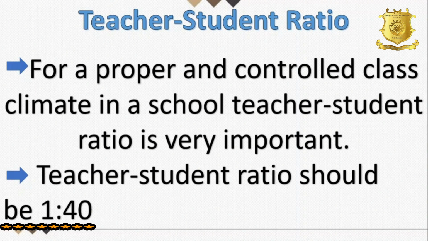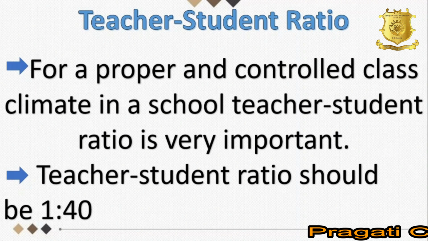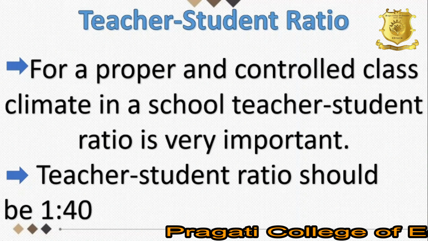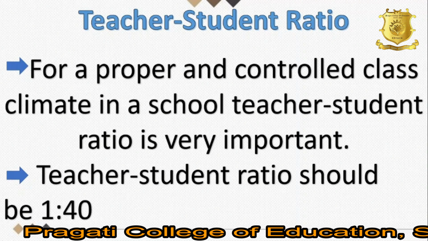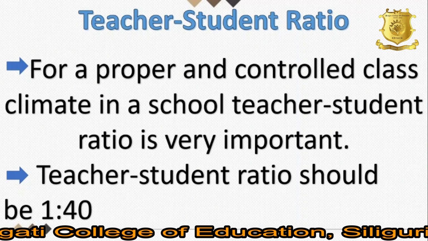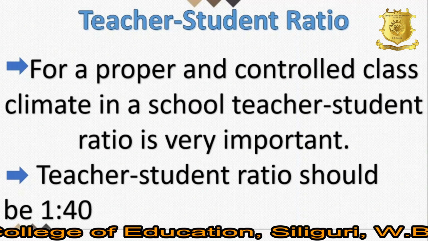That means they are compromising with the quality of education. In some other cases, there are many teaching staff, but the number of students is very low. That means there is a problem in the student teacher ratio.